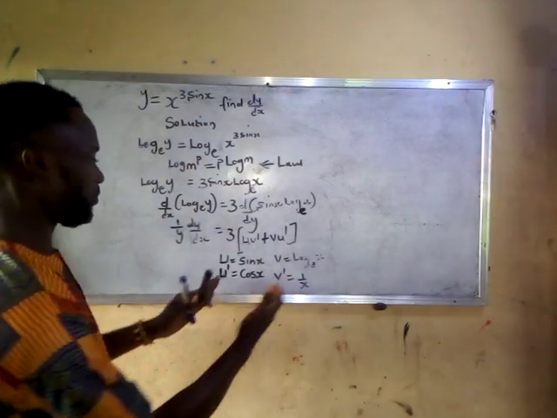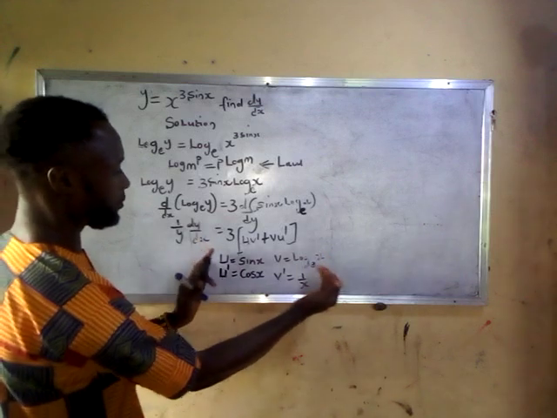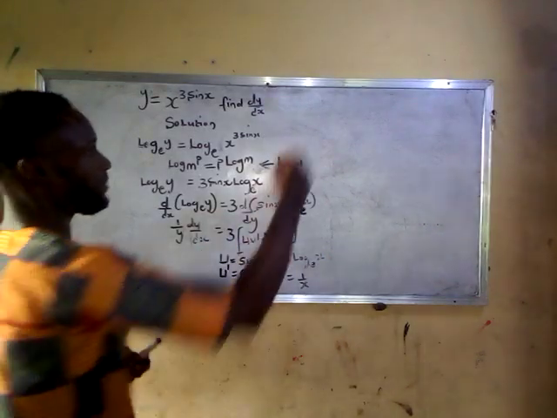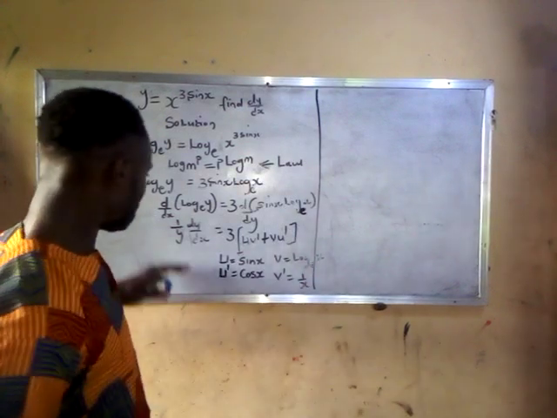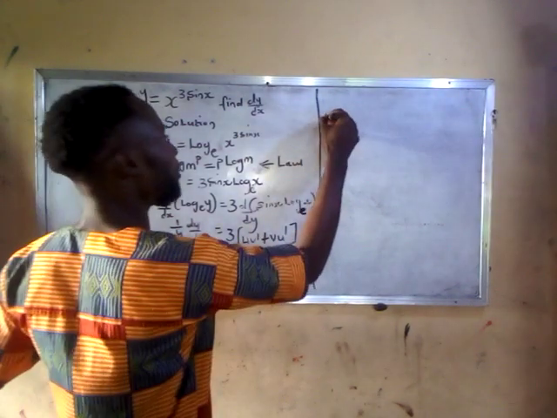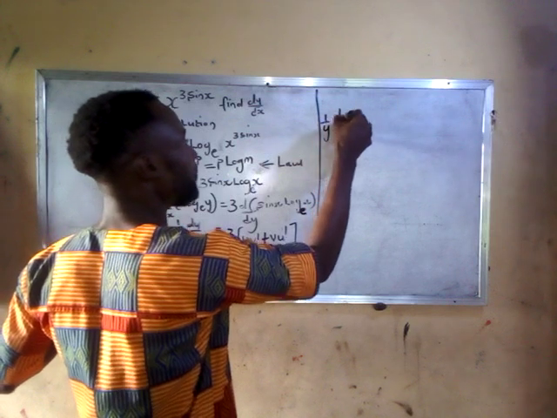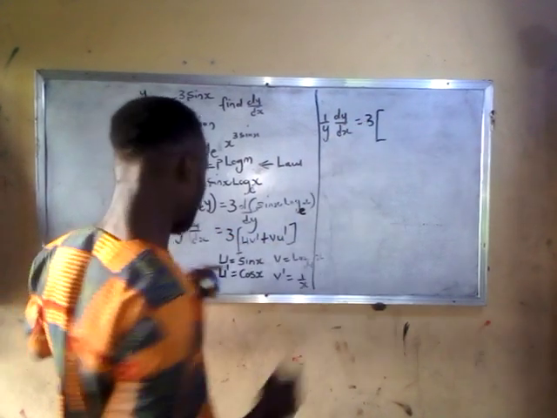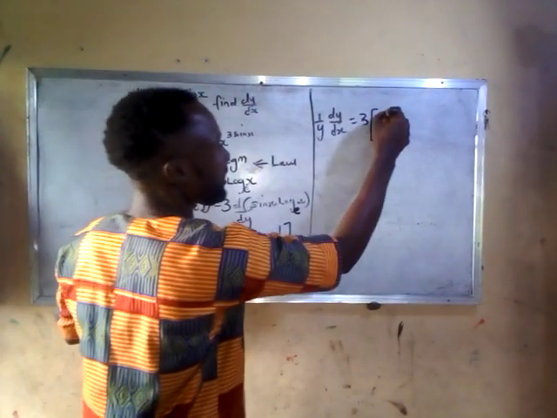So I'm going to substitute this given data into this problem. I will divide my board. So this is 1 all over y dy/dx is equal to 3. This is my 3, and my u is sine x.